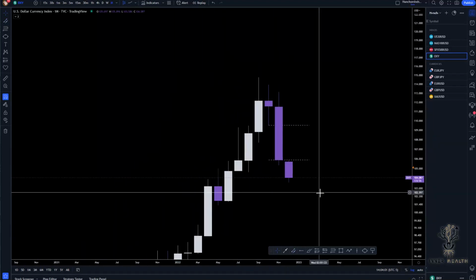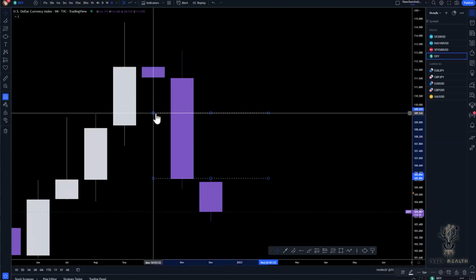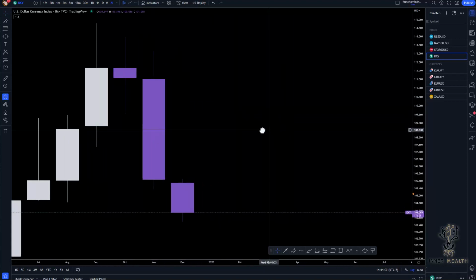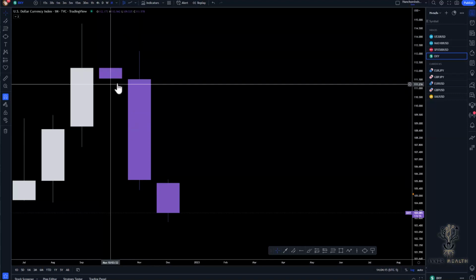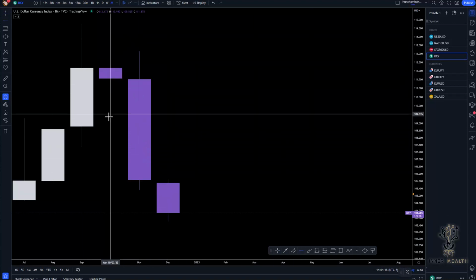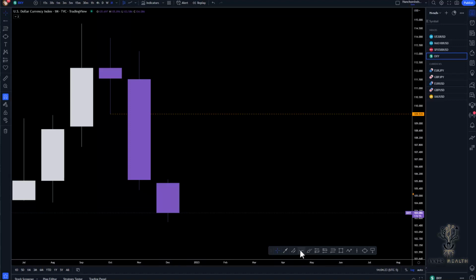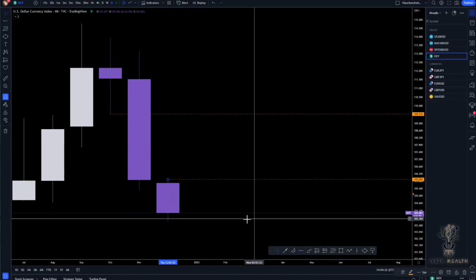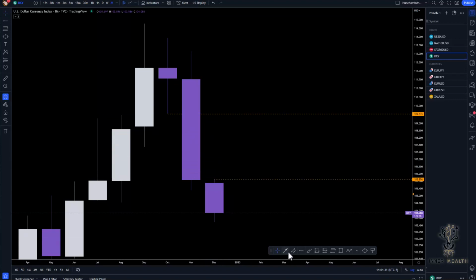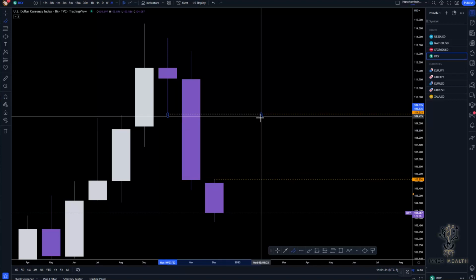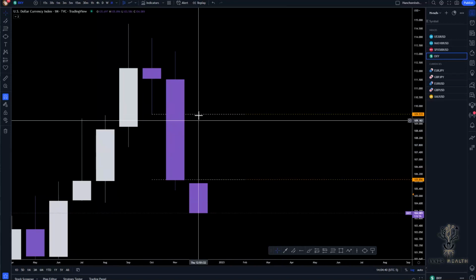So we're going to zoom in here. In a bearish example, from the low created on the first candle and then the high created by the third candle, this zone between those 2 points is what we call our imbalance or insufficiency.